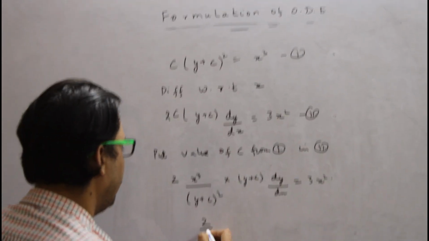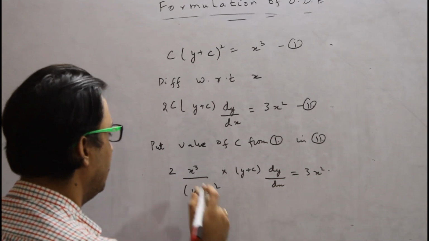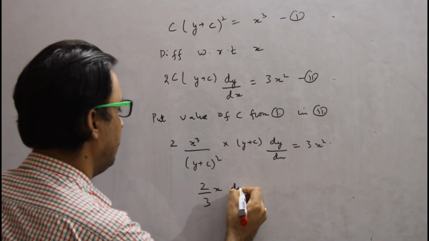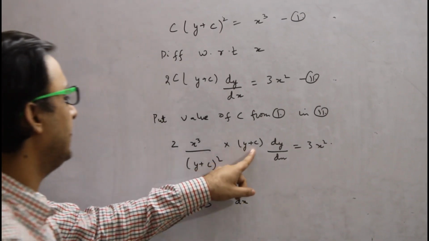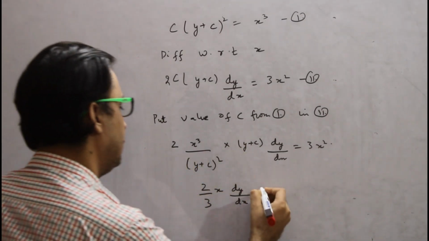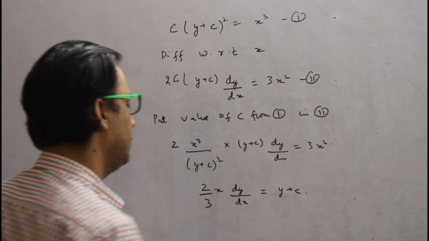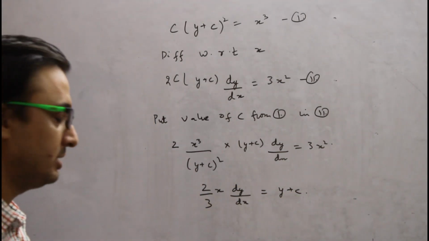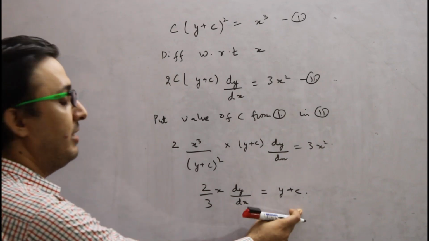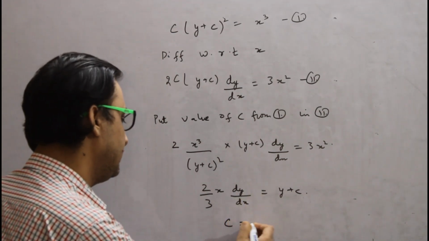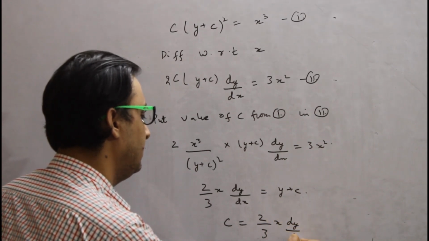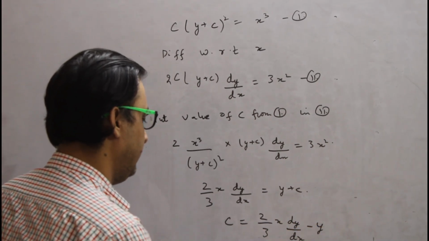We will get 2 by 3, I am bringing 3 here, and this x square and x cube become x dy by dx, and this one gets cancelled one time, and I can write it like this. So I am getting y plus c as 2 by 3 x dy by dx. Alright, now I want the value of c, so I will write c is equal to 2 by 3 x dy by dx minus y.